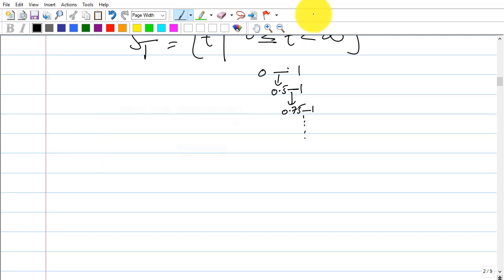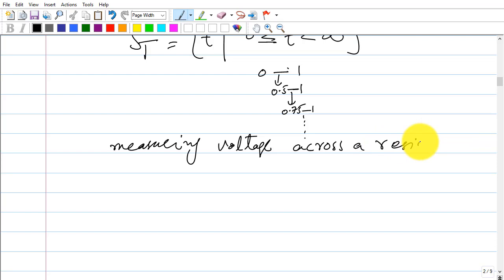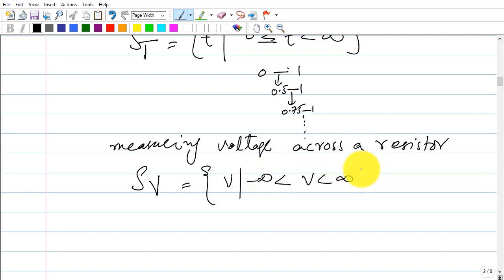Similarly, measuring the varying voltage across a resistor. So that would simply be S_V, that is V, such that V is less than infinity and greater than minus infinity.